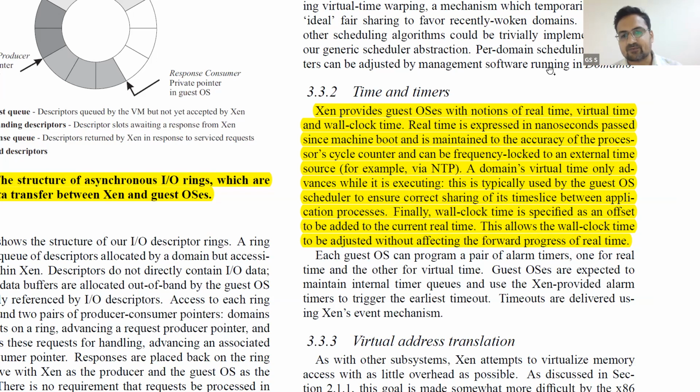So this is what they have written, that wall clock time, which is the physical time, real time, and virtual time have to be maintained. Xen provides guest operating systems with notions of real time, virtual time, and wall clock time at the nanosecond level, right? So this is one important thing, because if they go behind the time, there will be a lot of issues related to synchronization, right?